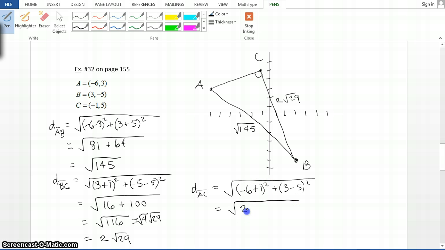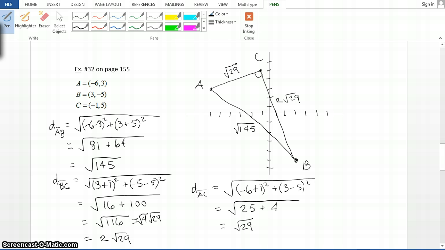If I square it, that will give me 25. This is a negative 2. If I square it, I get a 4. That's a plus. So, square root 29. Alright, that's this side over here.